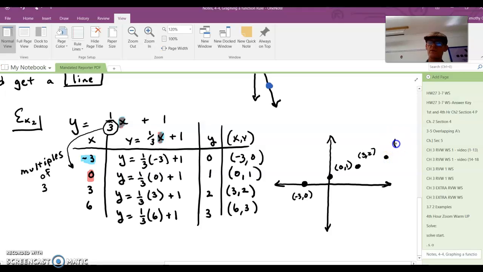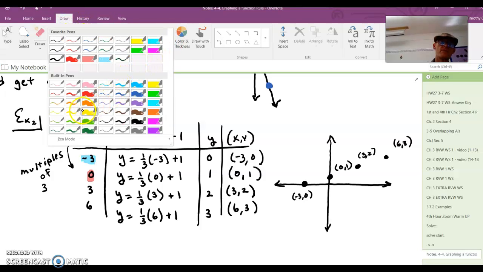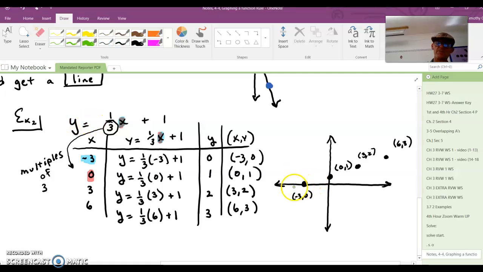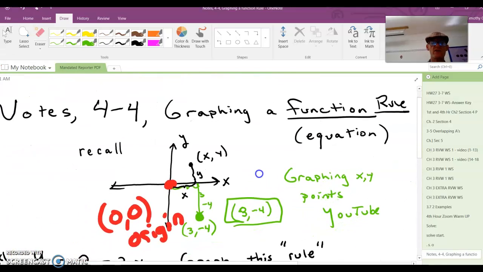So I have 6, 3 here. Again, these things should line up, so you end up with a nice, neat line. You got to keep that in mind, okay? All right, so there's your nice, neat line, and there's your chapter 4, section 4, which is the next chapter we're studying, and that is graphing a function.